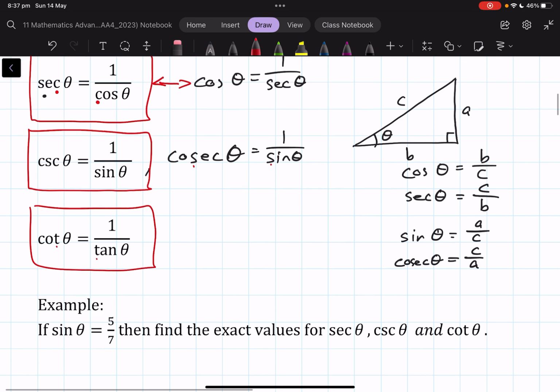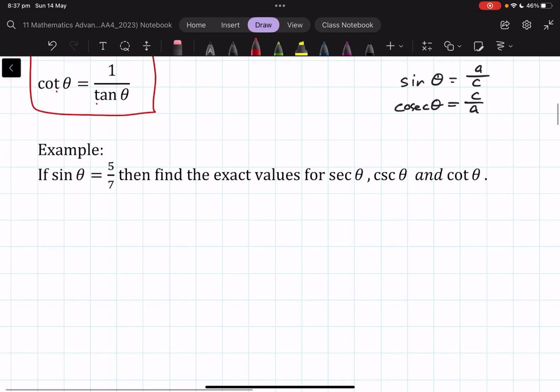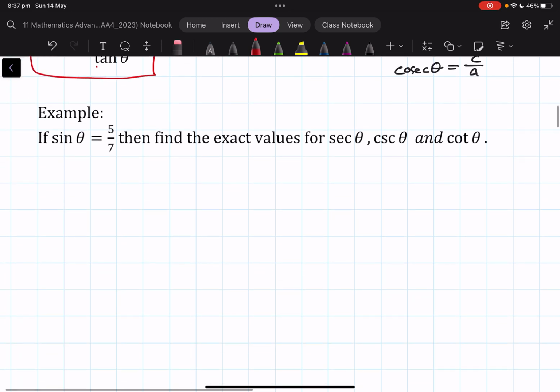So moving on, let's do an example. This type of question you should be getting familiar with now: sine theta is equal to 5 on 7, find the exact values for sec theta, cosec theta, and cot theta. I'm going to do the whole lot so we visualize how they all relate. I'll do a very crude, simple triangle. 5 on 7 means 5 is the opposite, 7 is the hypotenuse. It's not to scale, it doesn't matter.